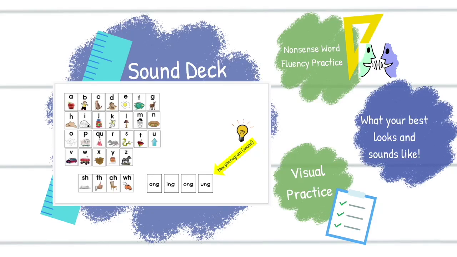K, kite, k. L, lamp, l. M, man, m. N, nest, n. O, ox, ah. P, pig, p. Q, u, queen, qu. R, rat, r.